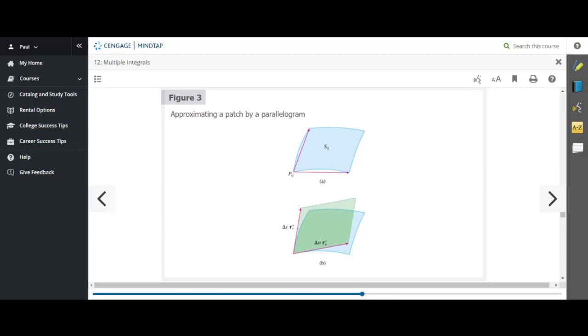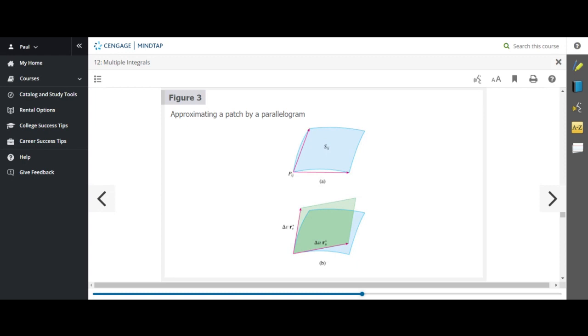You see on the bottom in figure 3, in the B there, do you see how the green parallelogram in the bottom left corner approximates the surface area pretty well, but then it starts to fail as you move away from that corner point?